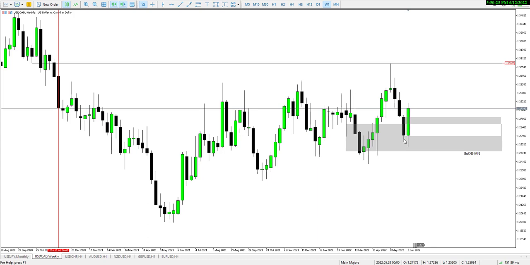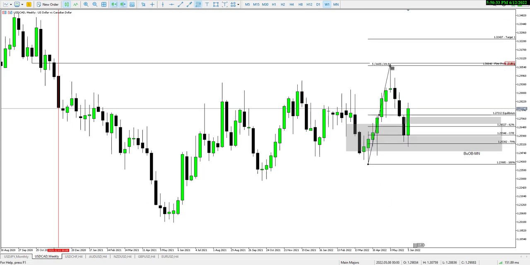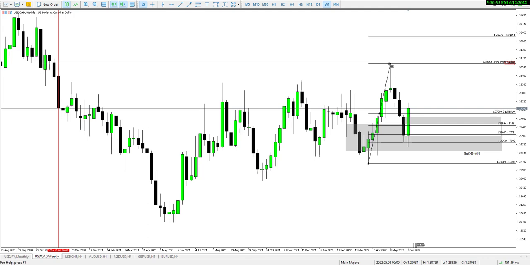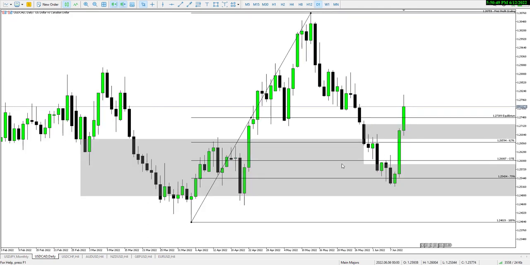So this weekly bullish order block, and you can already see we've got this low and the high. From low to high, I just need to take note of my retracement levels. You can see how price traded right into optimum trade entry and the 79% retracement level, which is our discount zone. As a discount zone, when we go to a lower time frame, say the daily, you see there are discount areas there.